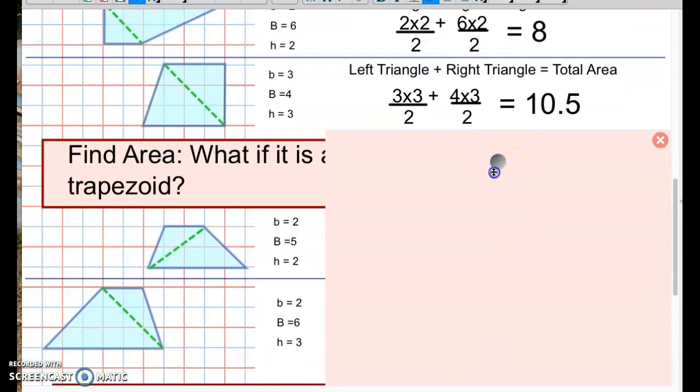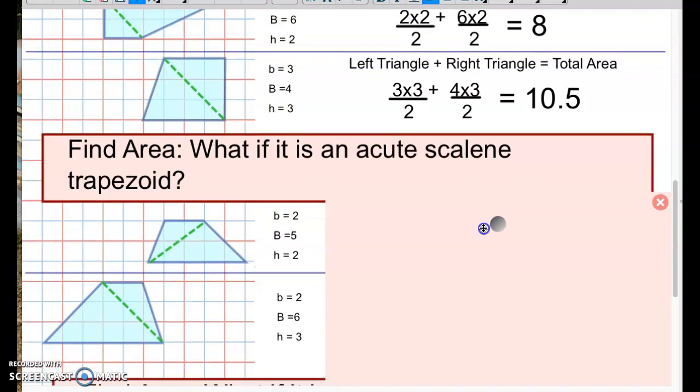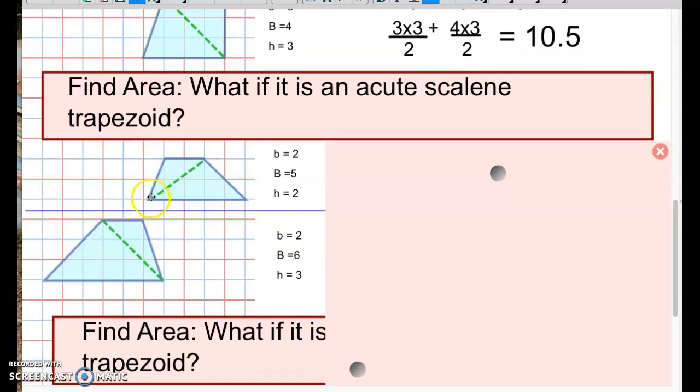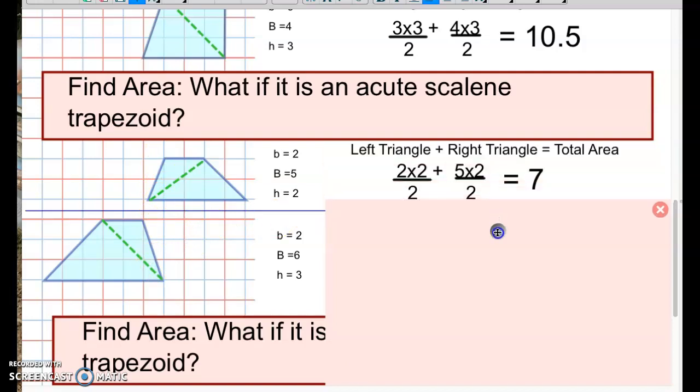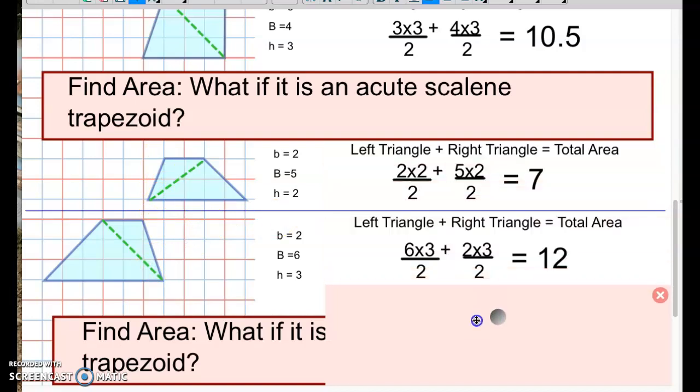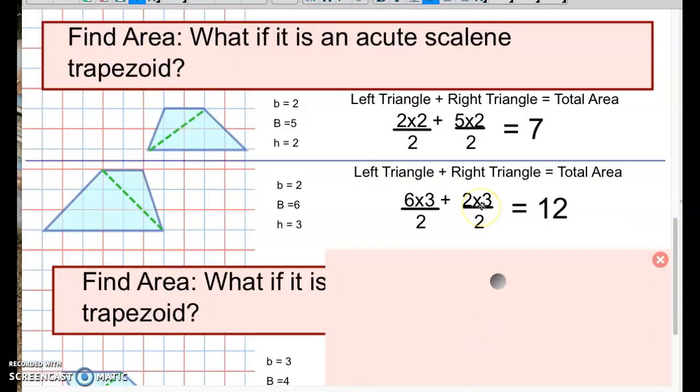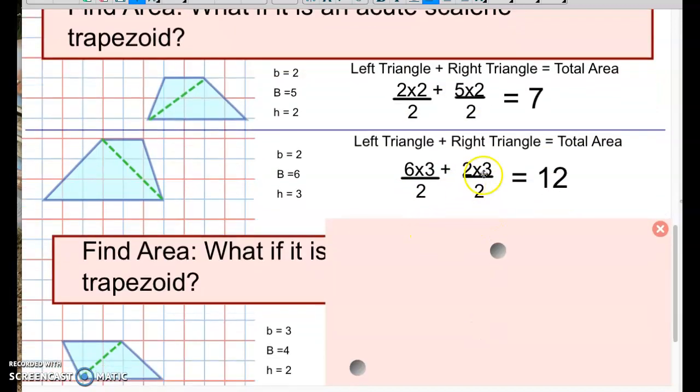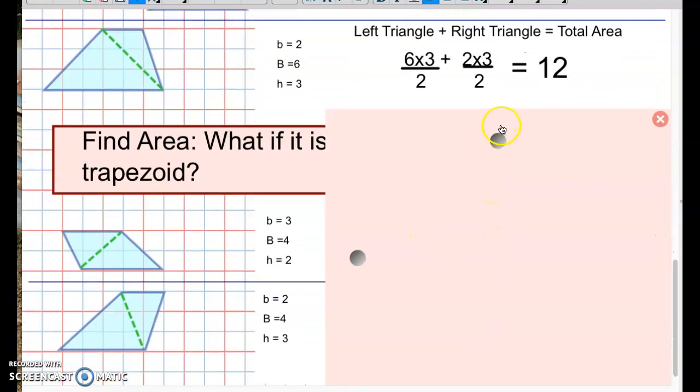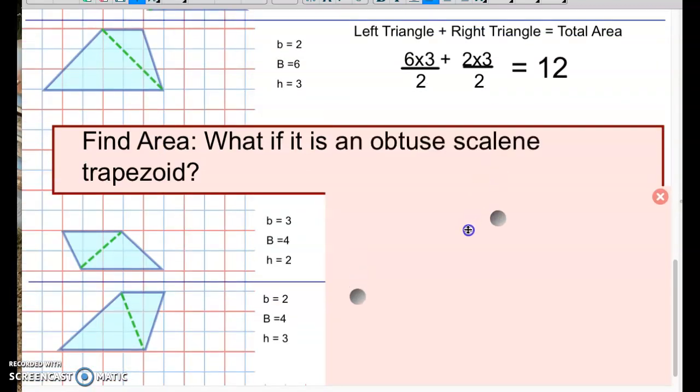What if it's a different kind of trapezoid? What if it's an acute scalene trapezoid? So it's just not isosceles and it's also not a right trapezoid. Again, same thing happens. We have our 1/2 base times height, 1/2 base times height. We add them together. We get our total area. Now, what if it's an obtuse scalene?